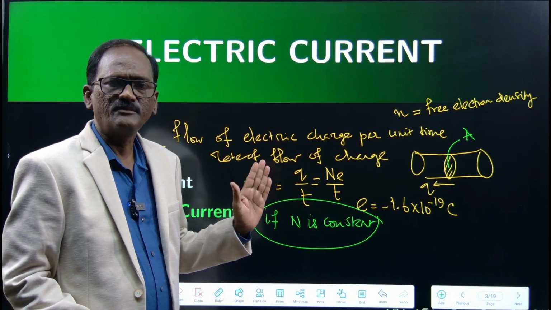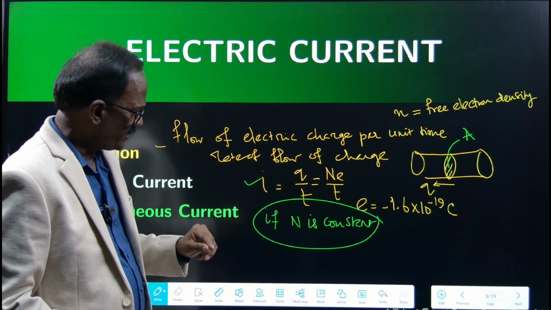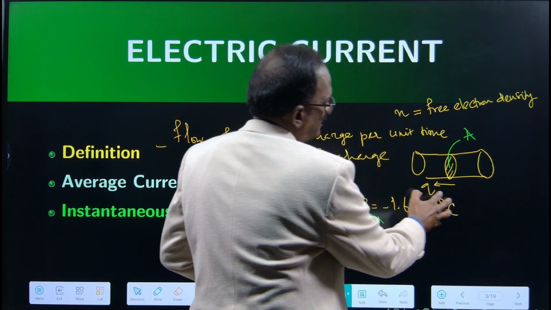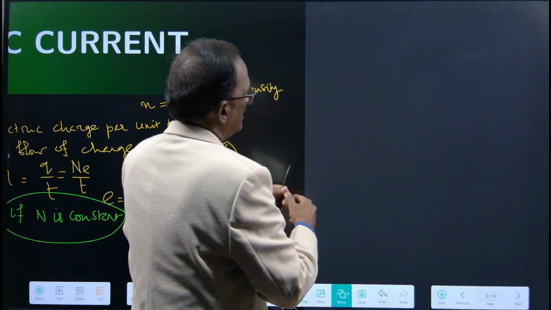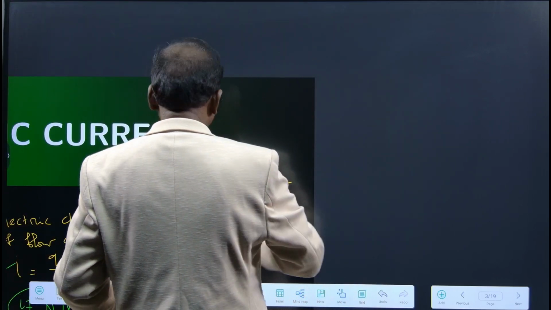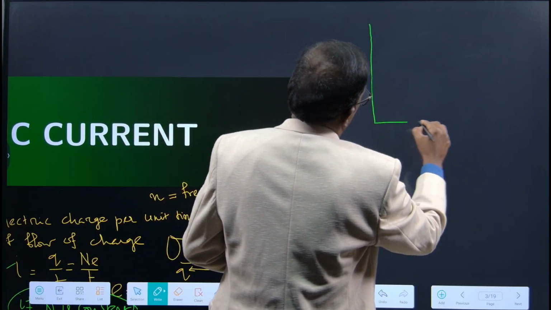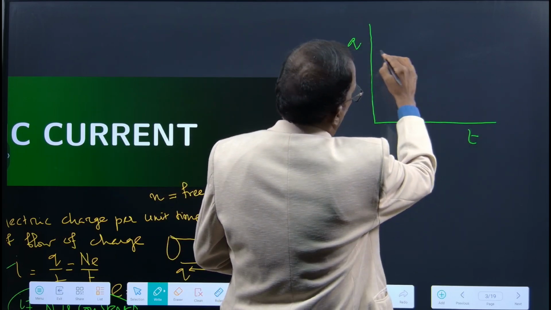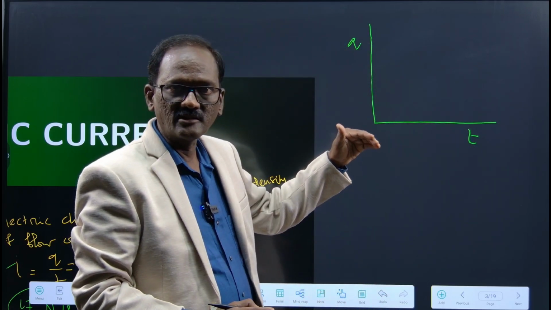I have to go for some other means, right? For example, let me take this graph of Q and T. It is not constant. The number of electrons is not constant.